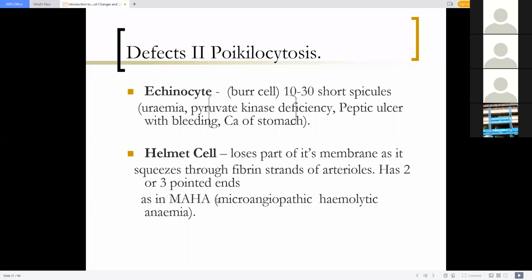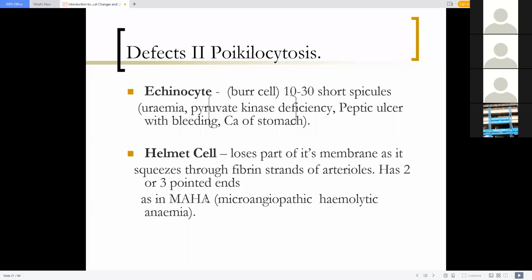Then we have other poikilocytes, which we call spiculated red cells, like helmet cells, that lose part of their membrane in pathological conditions where you get fibrin strands being formed in circulation, in arterioles, all right? And we call that microangiopathy, when the red cell is damaged within the arterioles, so we call that microangiopathic hemolysis, all right?